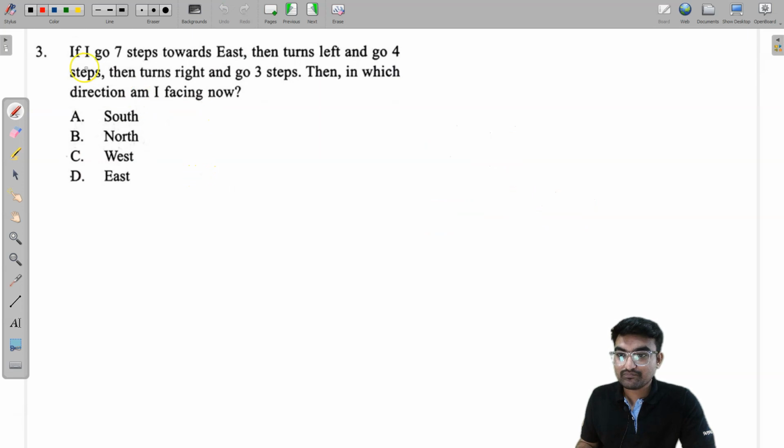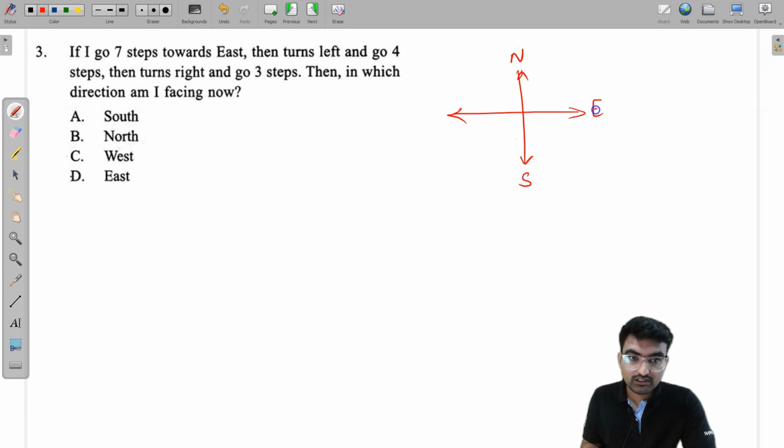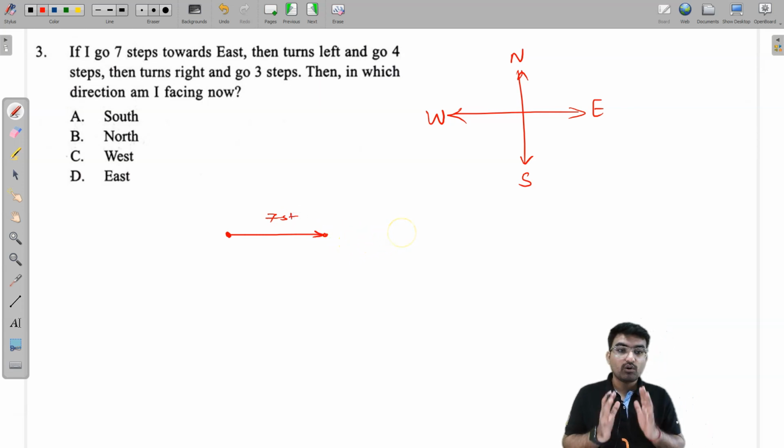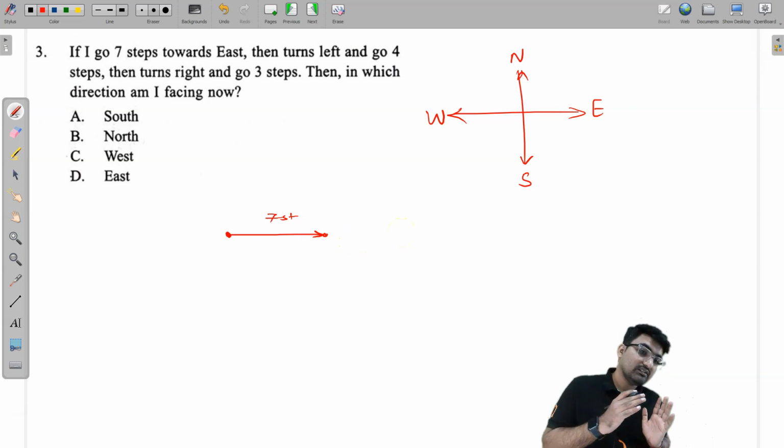Next question is, if I go 7 steps towards east. In direction questions, first of all draw all the directions: north, south, east and west. Now if I go 7 steps towards east, I'll write 7 steps here, and I went to east. Then turn left. Let's assume that I'm at this point.